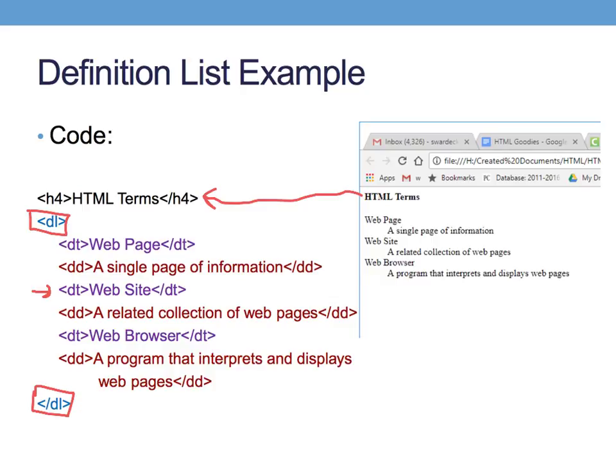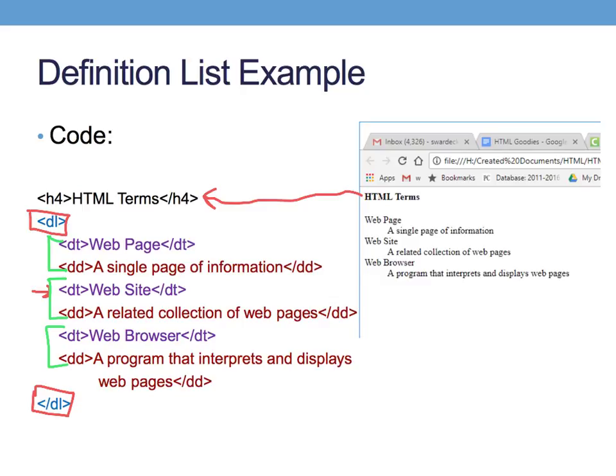All of these term definition pairs will be inside of that particular list. And then from here, what you're also going to notice is that we have a bunch of definition term, definition pairs. So there's a term with its definition, a term with its definition, a term with its definition. So it's assumed that these will come in pairs, a term with its definition.